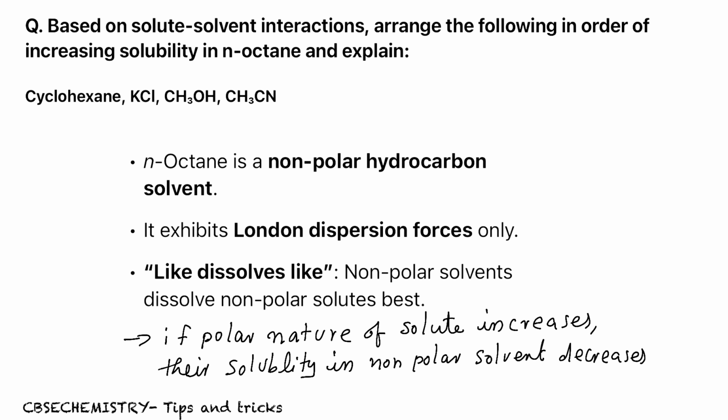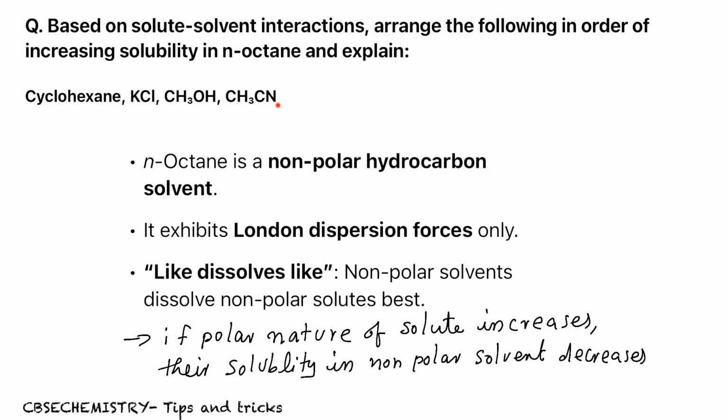And that is the key point. See, I wrote it here. If the polar nature of the solute increases, its solubility in a non-polar solvent like octane decreases. So, what do we have to check? We have to check the polarity of the given solutes.